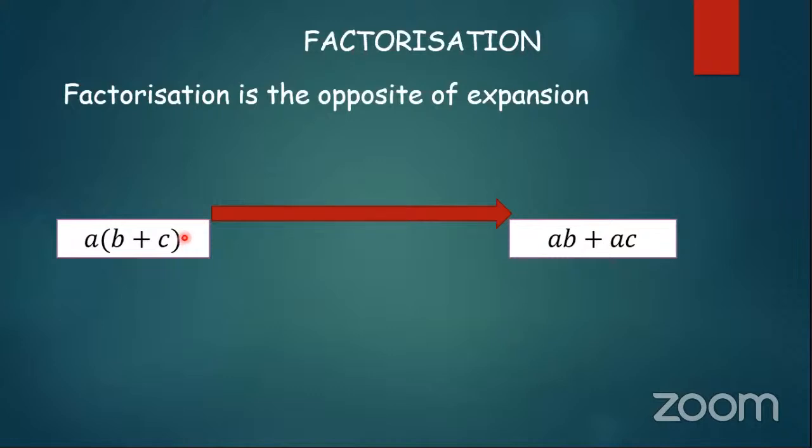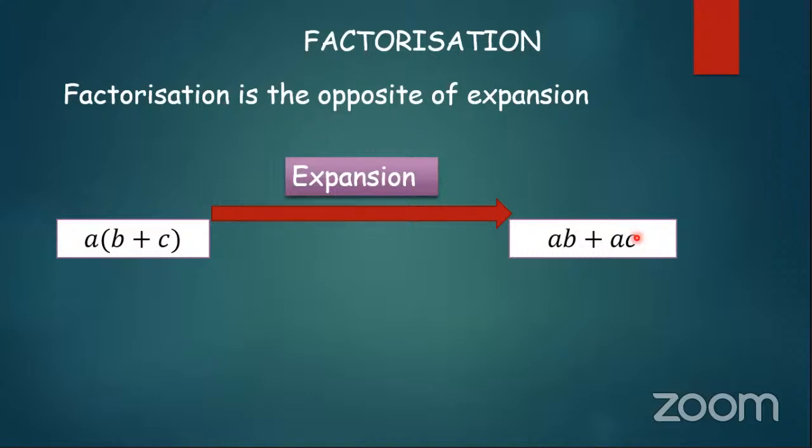So when we expand it from here all the way to this, this will be AB plus AC. Yes, Margaret? Your hand is up again? No, I was lowering my hand. Okay. So this process here is the expansion, what we covered in the previous lesson last week. So from A into B plus C, we get AB plus AC.